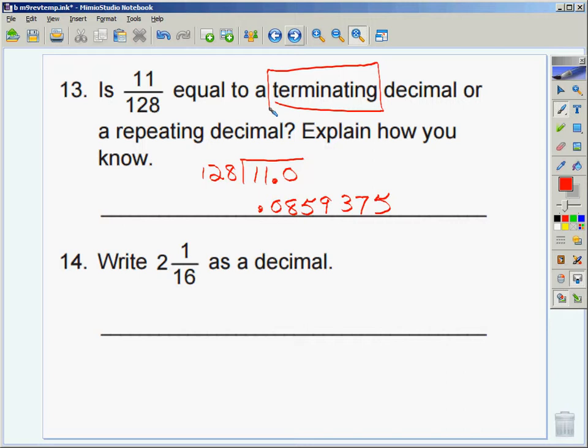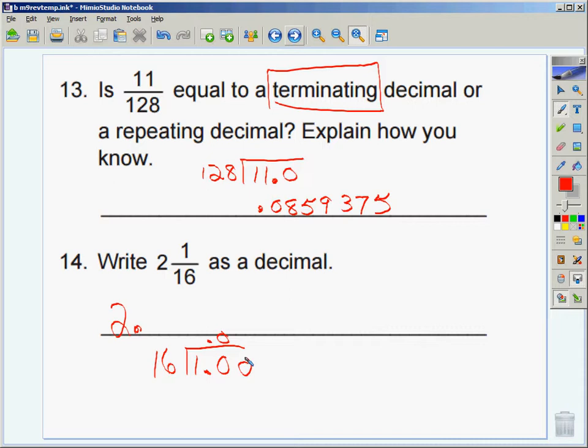Right, 2 and 1/16 is a decimal. Well, the 2 is going to be in front of the decimal. And we're going to take 16 and divide it into 1. Well, obviously 16 doesn't go into 1, nor does it go into 10. So we'd add another 0.